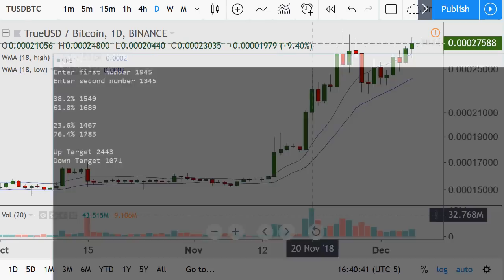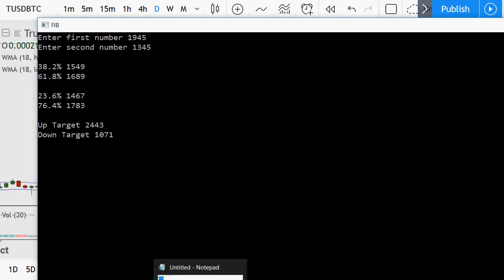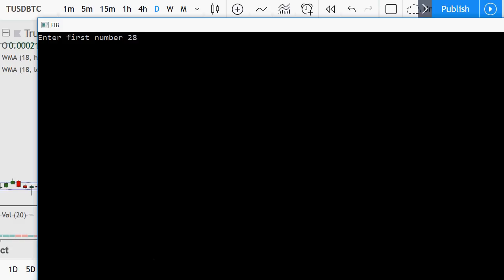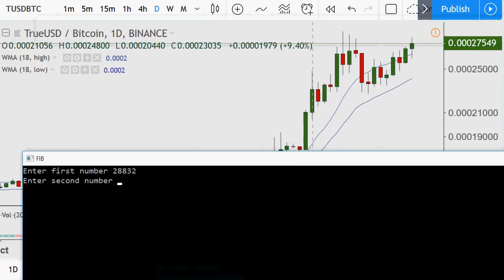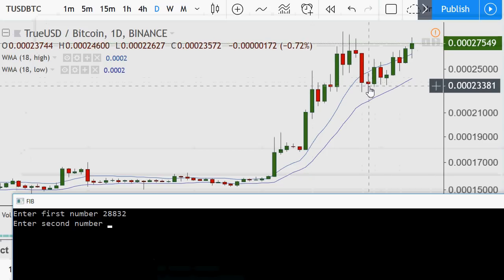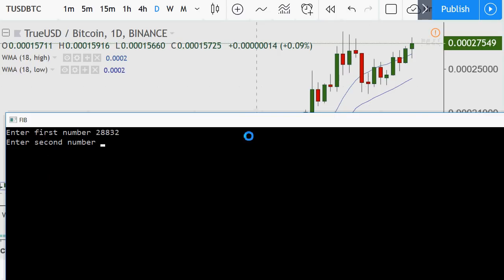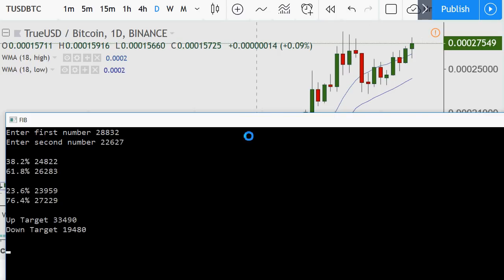So let's put that number in here. What I'm doing is taking that number and dividing it by the low, and the low is 22,627. Which gives me an up target at 33,490, which coincides with the $3,000 level.